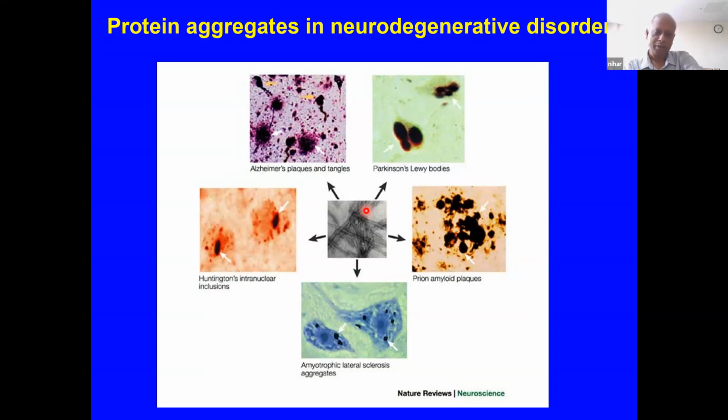So what I'll be trying to talk about today is to use primarily Huntington's disease as a model system, and sometimes maybe Alzheimer's disease, to demonstrate whether and how these aggregates could cause neuronal damage, damage the neuronal network, and also induce neurodegeneration.